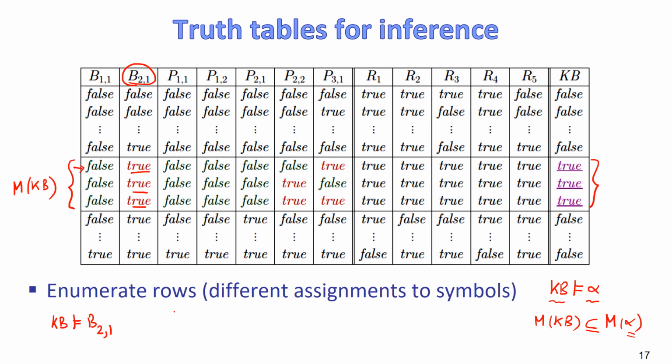You don't think so? Okay, what is the definition, Abdurrahman? When can we say that the knowledge base entails B21? Look at this. This is the definition: the models of the knowledge base have to be a subset of the models of alpha. Or, in an informal way, whenever the knowledge base is true, alpha is true. Is it the case here, Abdurrahman?